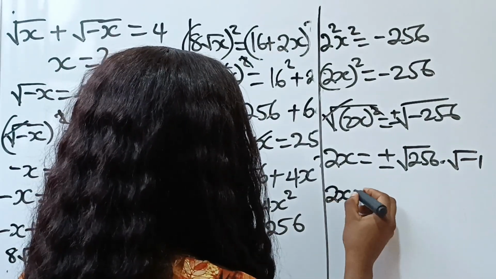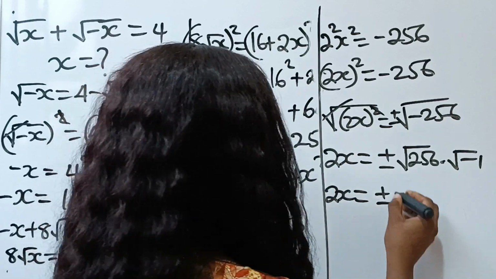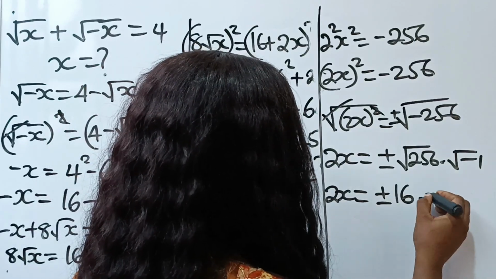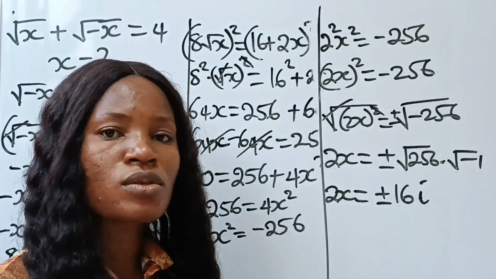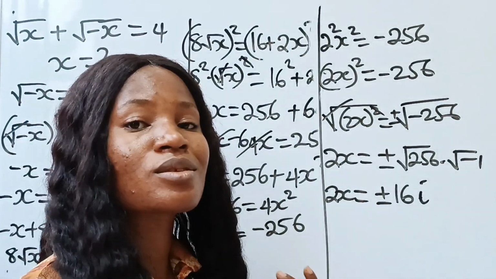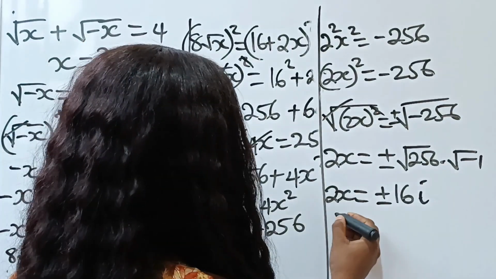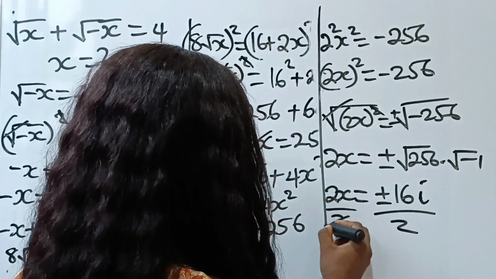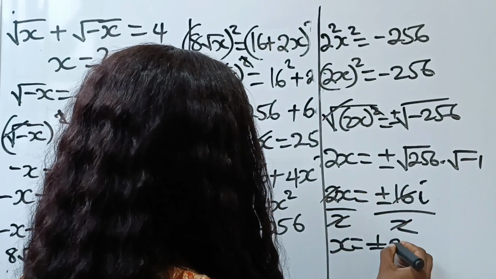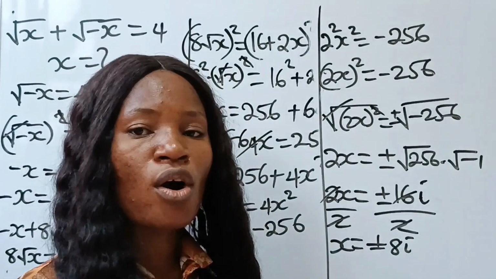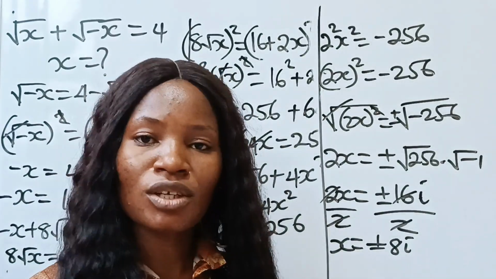So we have 2x is equal to plus or minus 16 multiplied by i, because the square root of minus 1 is i. All right, so we divide by 2, divide by 2, and we have that x is equal to plus or minus 8i.